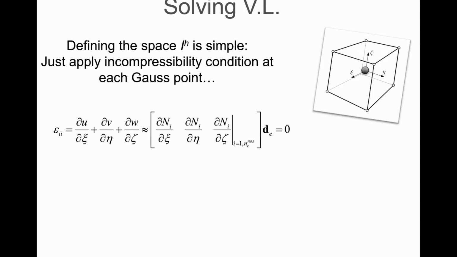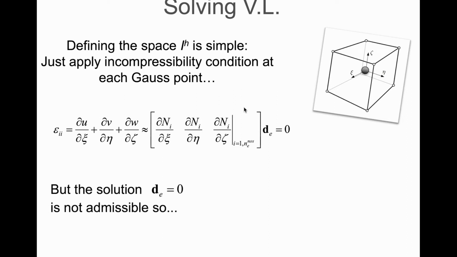I'll come back here. First of all, we will define the subspace of incompressible solutions. Remember that incompressibility is given when our volumetric strains summed up must be 0. Substituting this expression by the interpolation using shape functions, we have this expression. Obviously, this equation is satisfied when the displacements for all the nodes in all degrees of freedom are 0, but we don't want this solution.